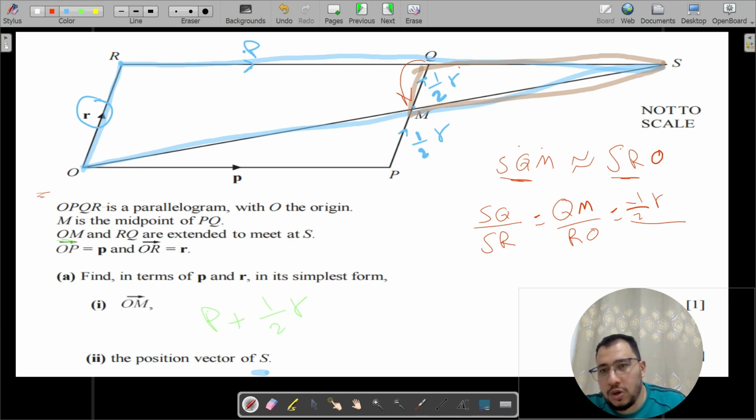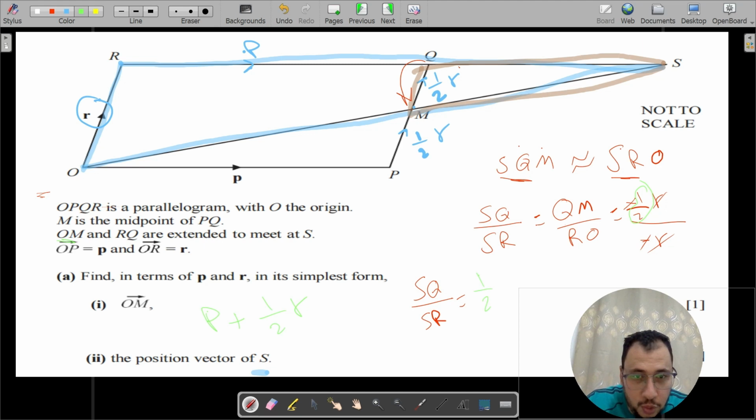What is RO? RO here is in this direction, and it's negative R. Now the negative will cancel with the negative, and R will cancel with the R, which means SQ over SR equals, what do we have left here? We are only left with this half over here.